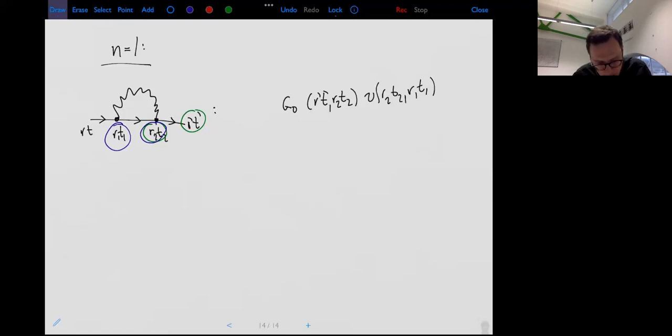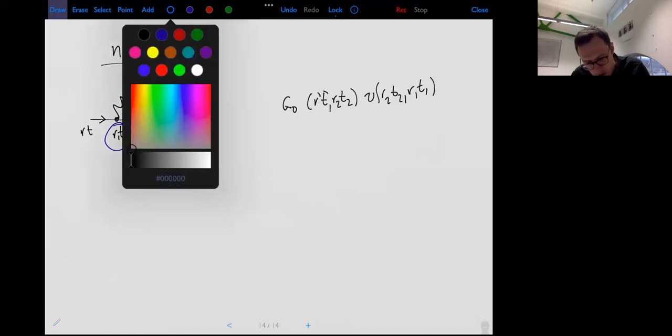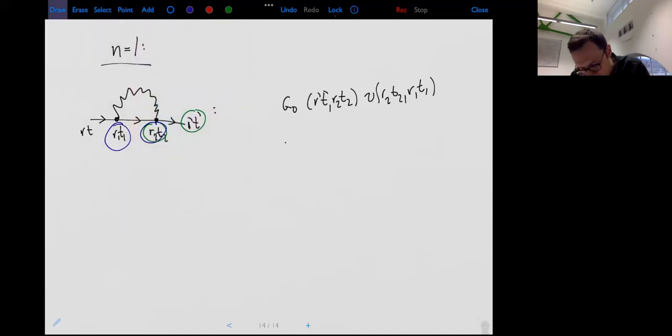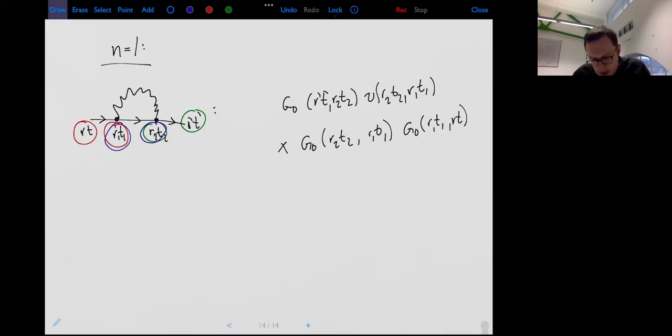Then we have a Green's function line, a G0 line, which again connects these two points. So this is G0 of R2, T2, R1, T1. And then we have another Green's function line that connects R1, T1 with R, T. So that would be G0 of R1, T1, R, T. So that's just writing down these G0s and this one interaction.